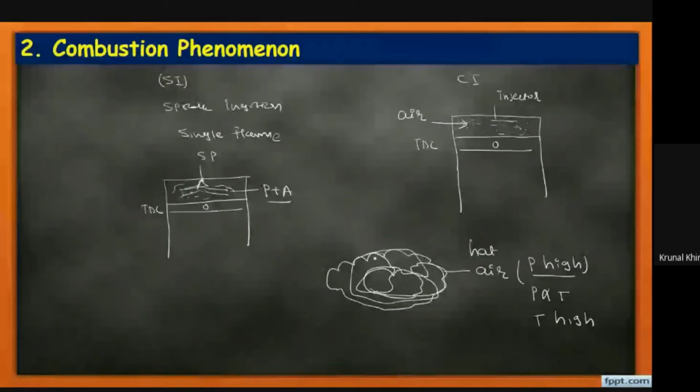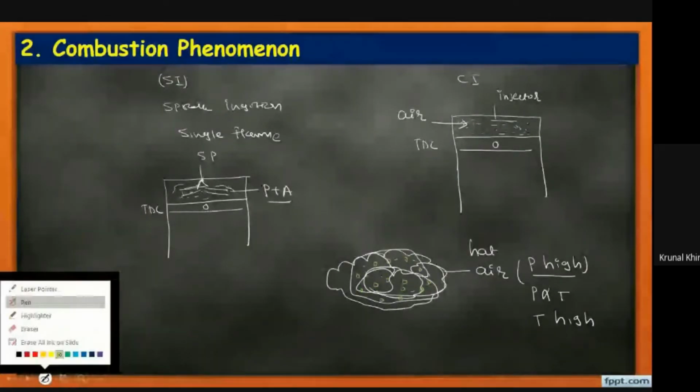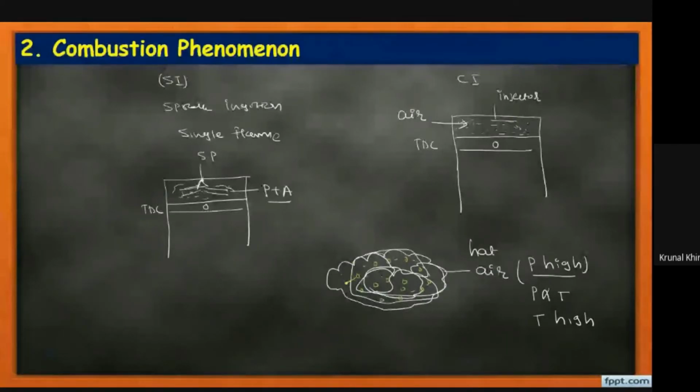Suppose this is the hot air, and now let me explain the droplets of fuel using this green line. From the nozzle, at the center, the nozzle is spraying droplets of diesel into this cloud of hot air, like this. All the droplets burn simultaneously, meaning a flame propagates from all the droplets, because the hot air is at very high temperature and the burning of all these droplets starts in the cloud of hot air.